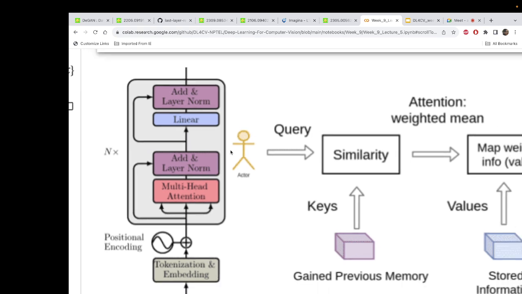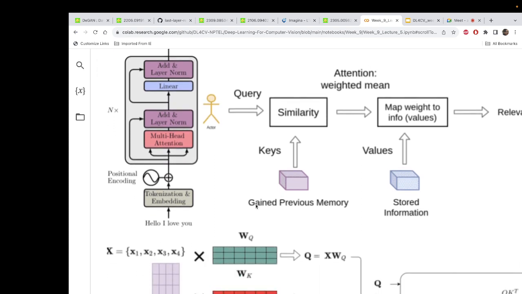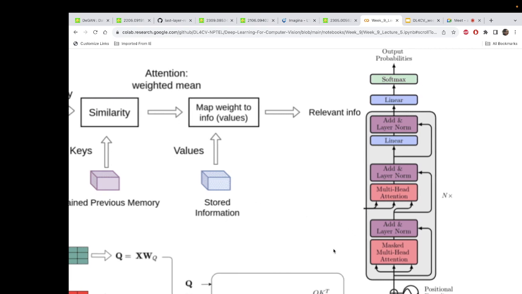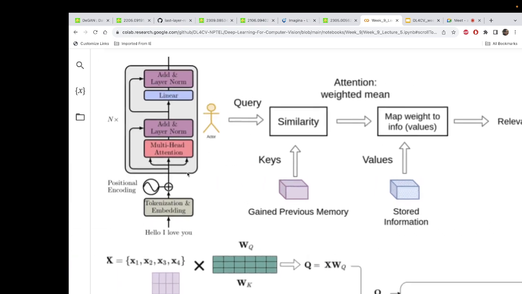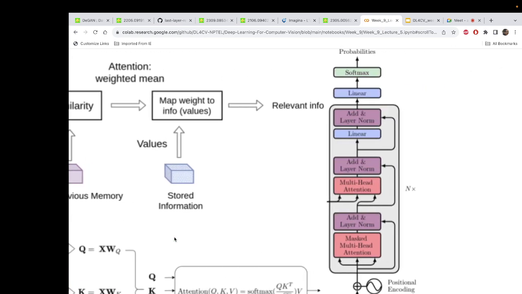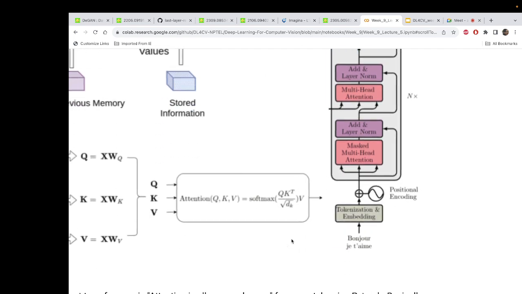First of all, it explains all the individual parts of the transformer very clearly and thoroughly. So this is the encoder architecture that you can see, and on the right side there is the decoder architecture.